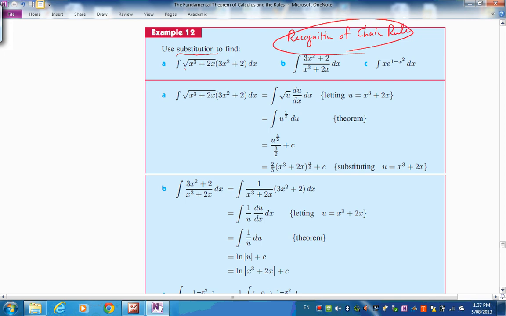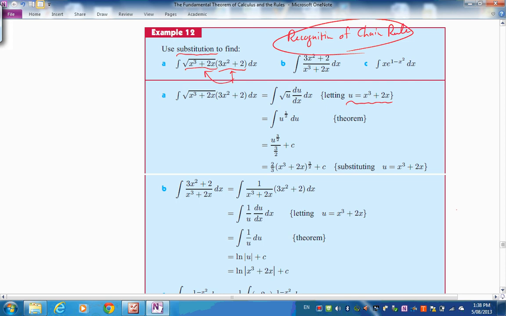Let's have a look at this pair over here. This is a product. So you're immediately suspicious. We do not integrate a product. The product has probably come from the idea of the chain rule. Yes, this is the derivative of this. So let u be equal to x cubed plus 2x.